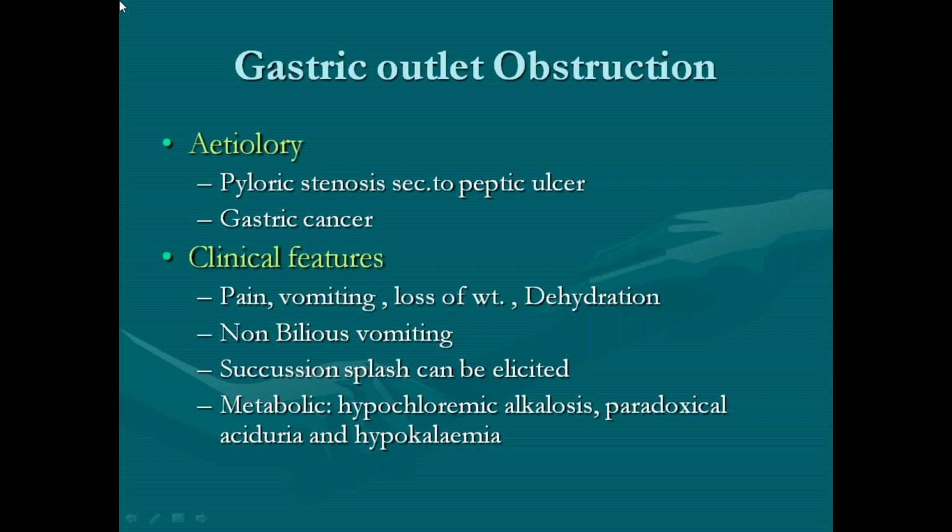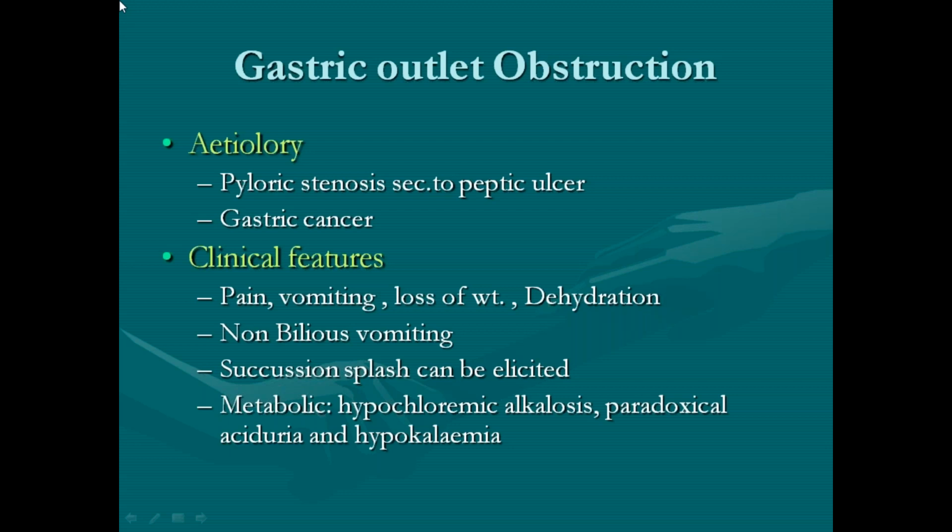The kidneys will try to retain the sodium. So in place of sodium, what will happen? Your potassium and hydrogen ions will get excreted. This is the cause for your paradoxical aciduria and hypokalemia in gastric outlet obstruction. Because of vomiting, there will be hypochloremic alkalosis.